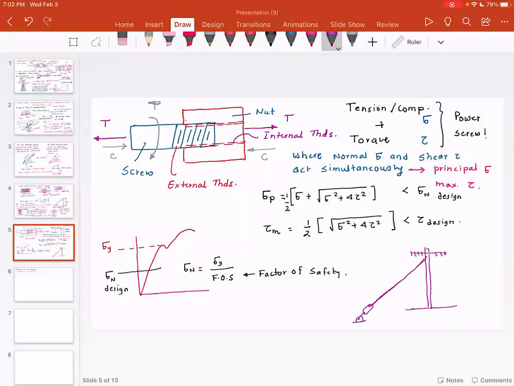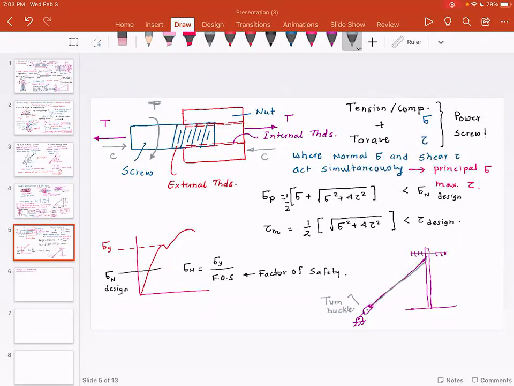The reason for the turnbuckle is to adjust the tension, because this rope over a period of time could stretch, and in that case you have this turnbuckle that you can adjust.